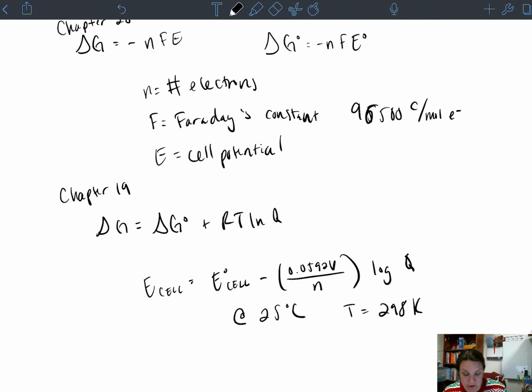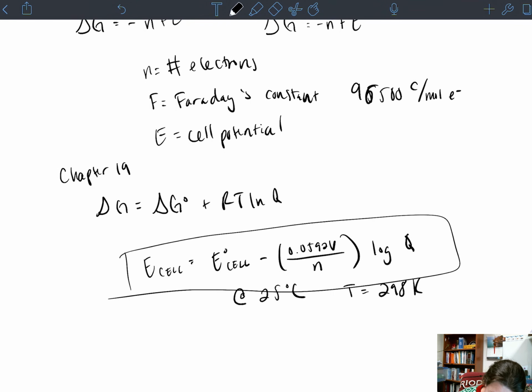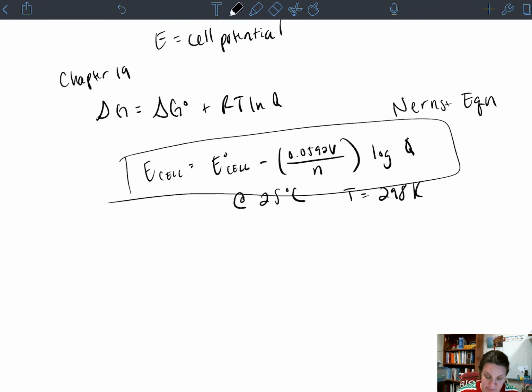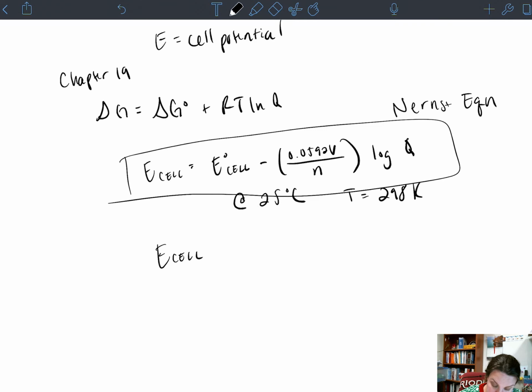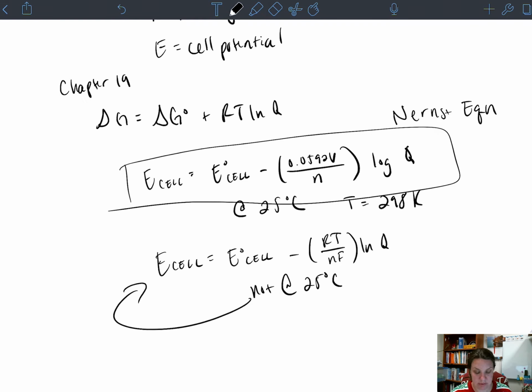Okay. So this is what we call our Nernst equation. If we are not at 25 degrees Celsius, we would use E cell is equal to E naught cell minus RT over nF ln Q. So not at 25 degrees Celsius, we use this one.